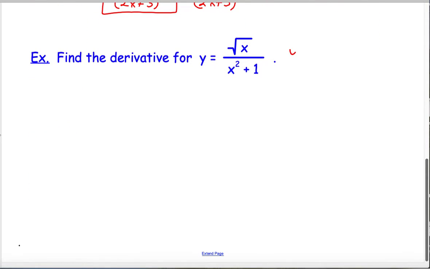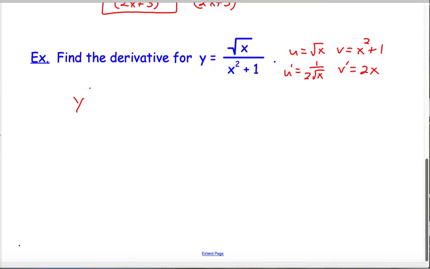So here, my top function is the square root of x, and my bottom function is x squared plus 1. So u prime is equal to 1 over 2 root x, or 1/2 x to the negative 1/2 power, and v prime is equal to 2x.